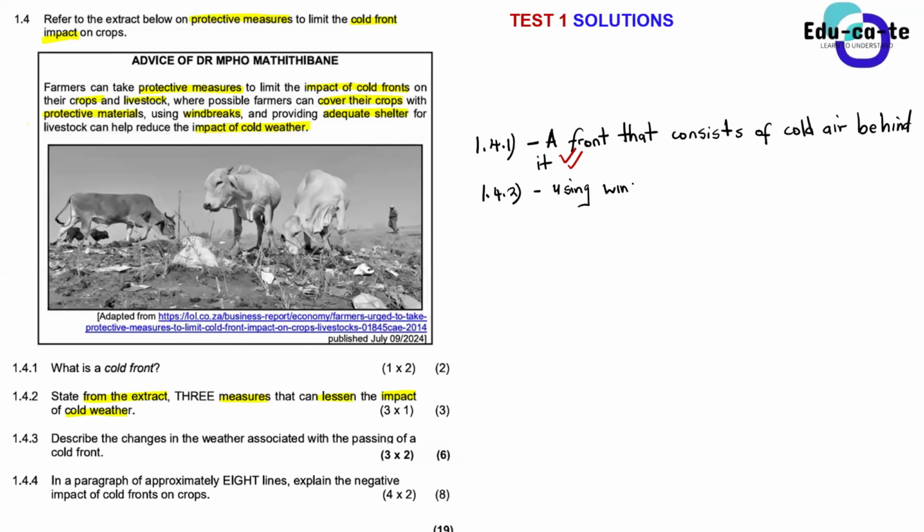Using windbreaks. Guys, what do we use windbreaks for? Why do we have to use windbreaks? What do you think we use windbreaks for? Explain what windbreaks are. Yes, Samsung A26. To protect the infrastructure from being blown away.